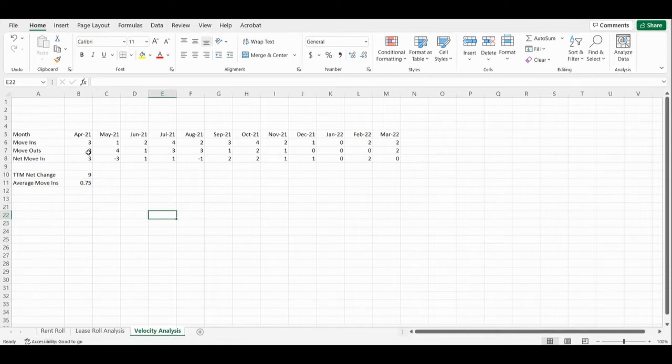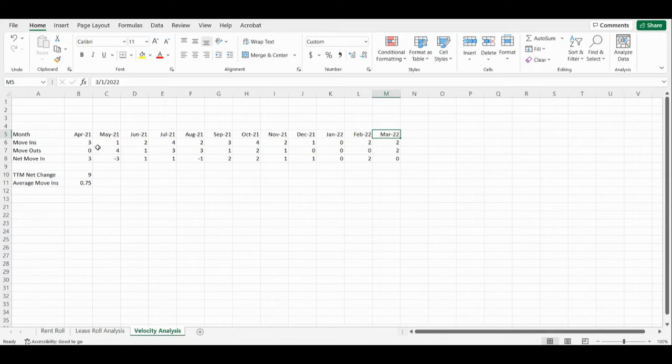So, I have built an example velocity analysis here. You can see that this covers the trailing period from April 2021 to March 2022, so trailing 12 months. These are fairly simple to set up, depending on how you manage your records.